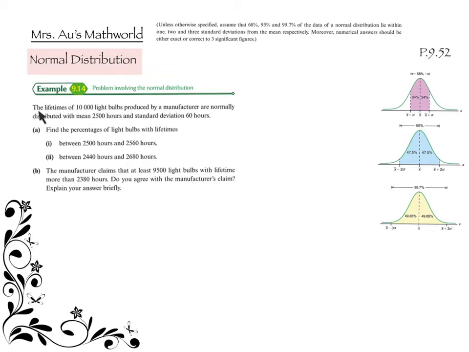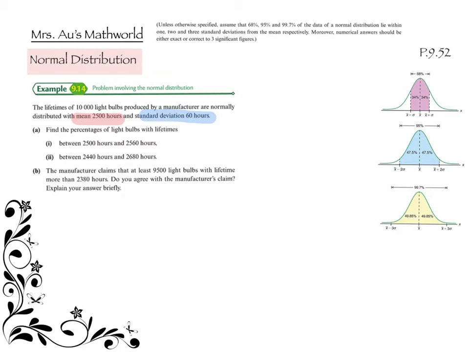From example 9.14, the lifetime of 10,000 light bulbs produced by a manufacturer are normally distributed with mean 2,500 and standard deviation 60 hours. We need to find the percentage of light bulbs with lifetime between these two values for A1 first.